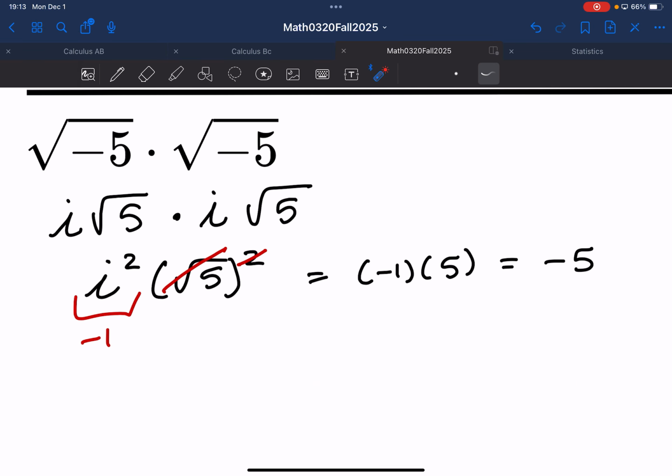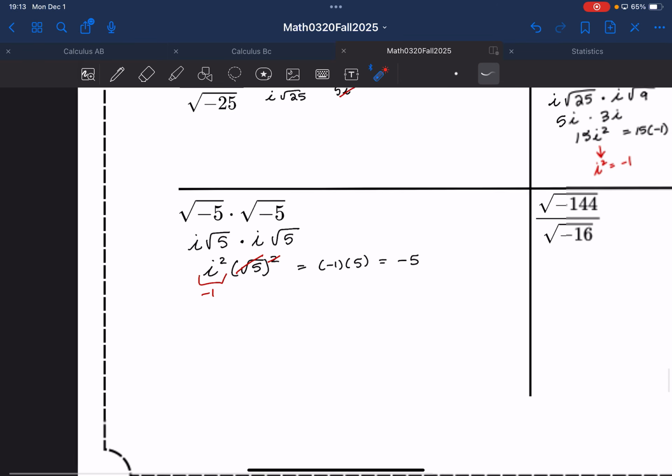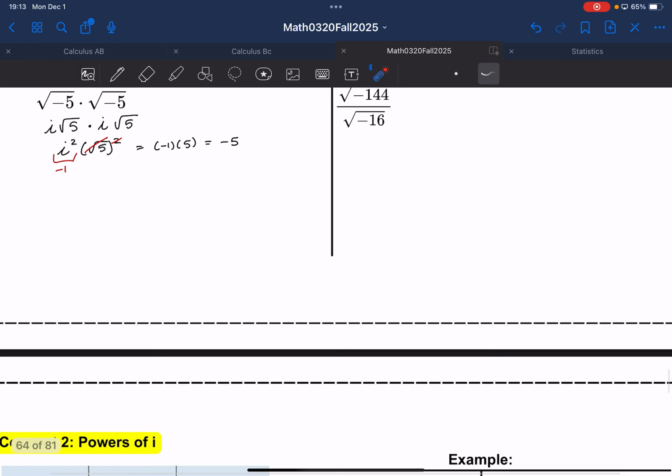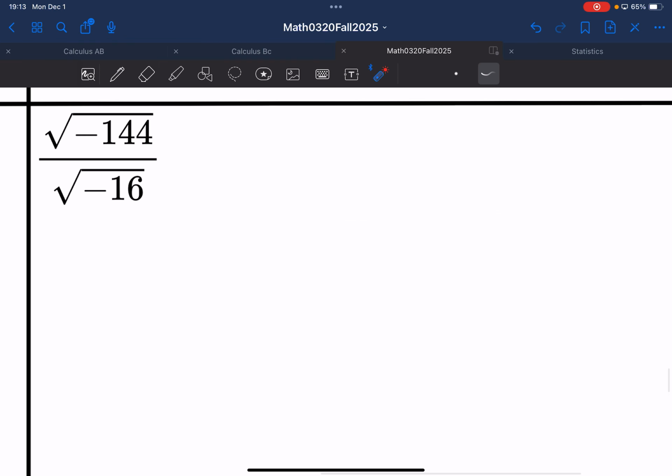Okay. And then one more of these examples. Going straight to simplifying the radical, what do we have for the top? 12i over 4i.